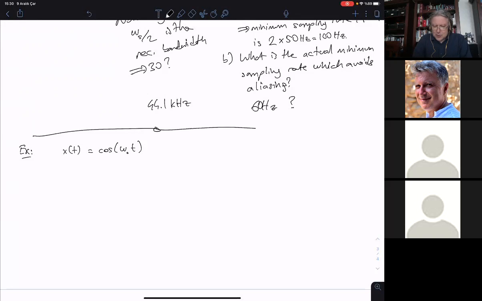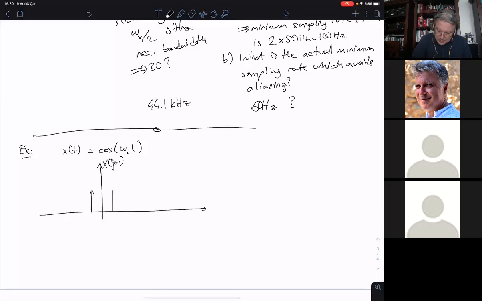So x(t) is equal to cosine omega 0 t, the sinusoid with a single frequency. It has the maximum and the minimum. It's a very narrow bandwidth, but it's there. The frequency is omega 0. So we are sampling a signal whose Fourier transform X(j omega) is essentially like this.